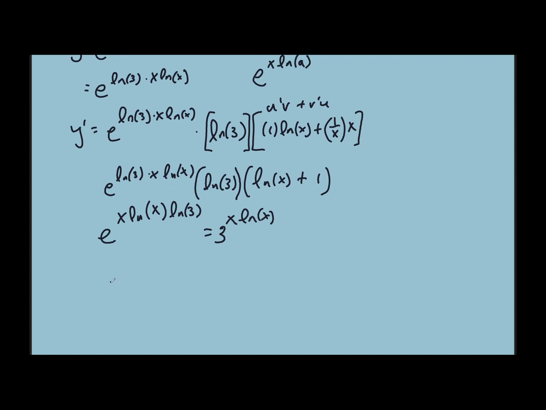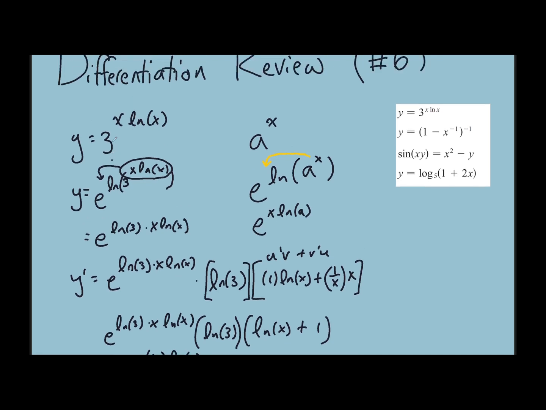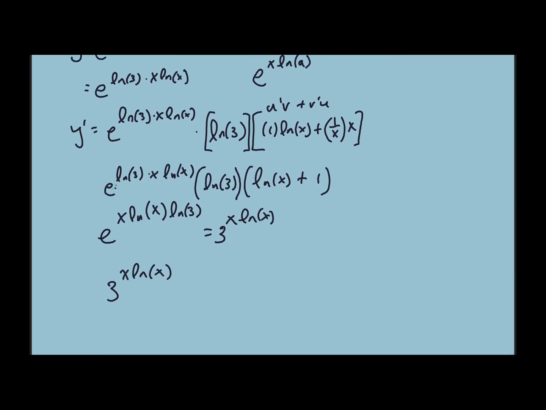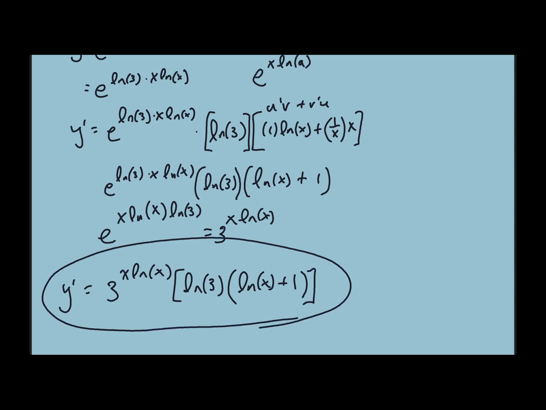So we'll put that in, 3 to the x ln of x. That's just right here from the very beginning when we rewrote it. So I undid that for the sake of simplification at the end here for our y prime. And then we have this nightmare to go with it, which is ln of 3 times ln of x plus 1. And if you can factor it in this way, you are rolling.